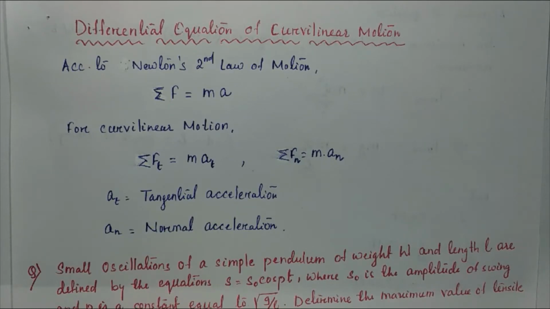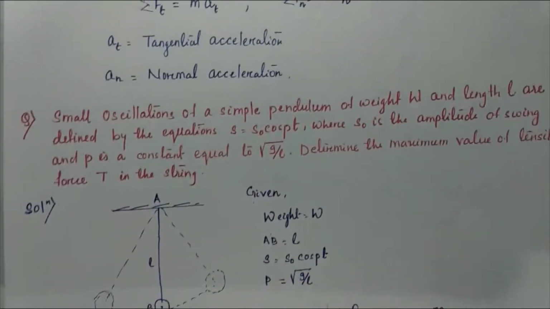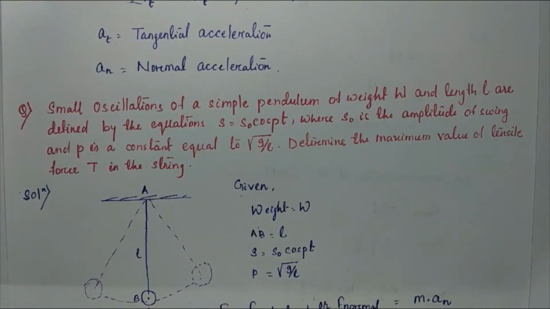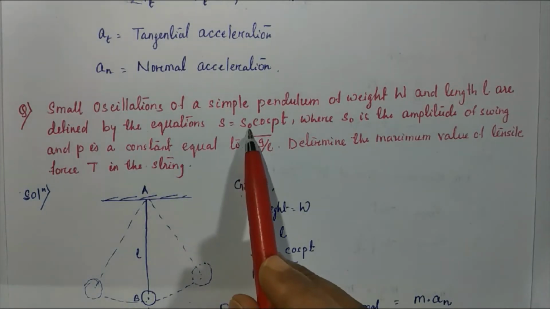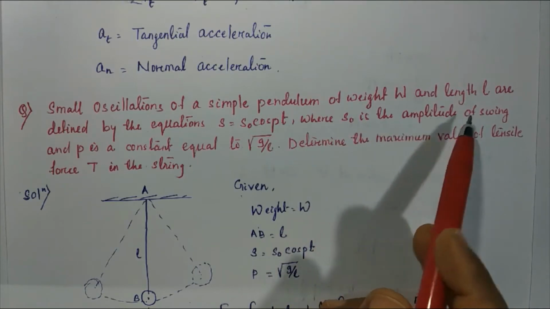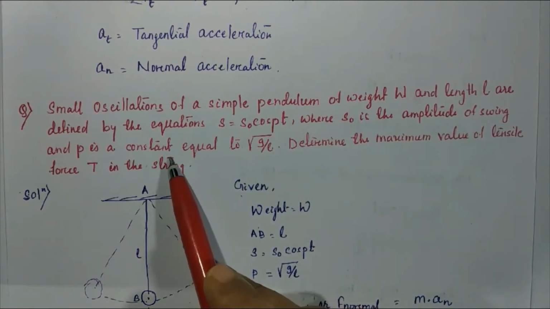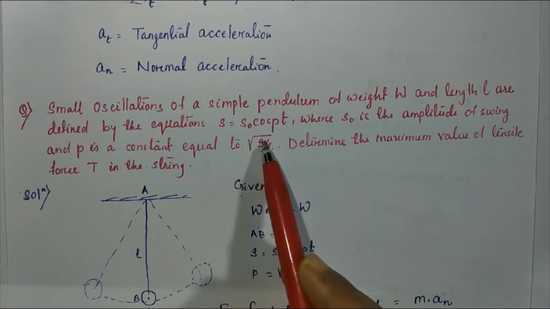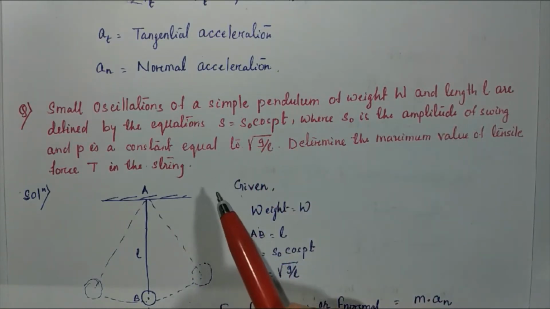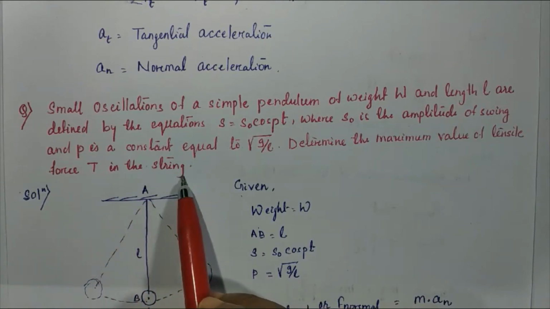So let's see the first numerical. Small oscillations of a simple pendulum of weight W and length L are defined by the equation S equal to S naught cos Pt, where S naught is the amplitude of swing and P is a constant equal to root over of G by L. Determine the maximum value of tensile force T in the string.